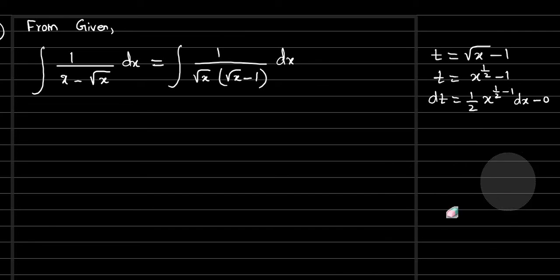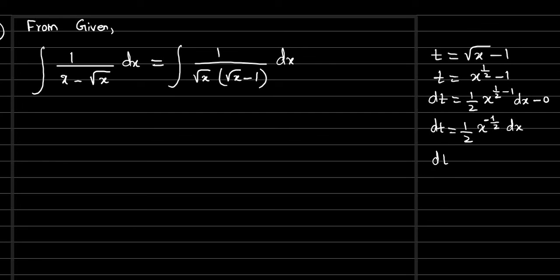So what we have here is 1 by 2. From 1, if we subtract half, one more half will be there, but the sign is negative. So x power minus 1 by 2 will be there, so dt equal to 1 by 2 x power minus 1 by 2 dx. Since it has a negative power, we can take it to the denominator.